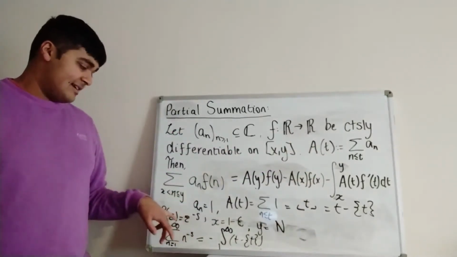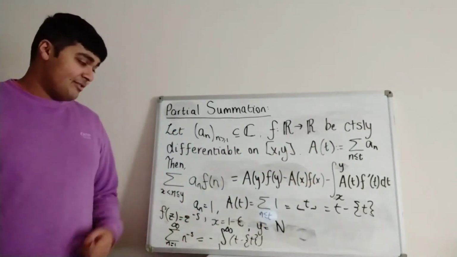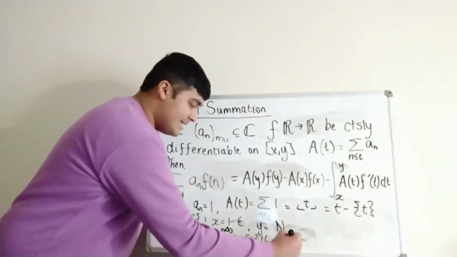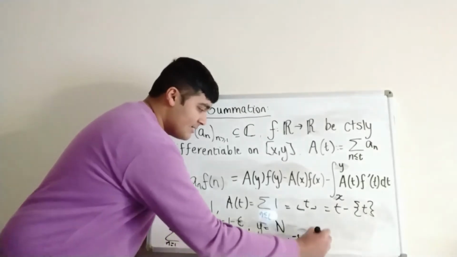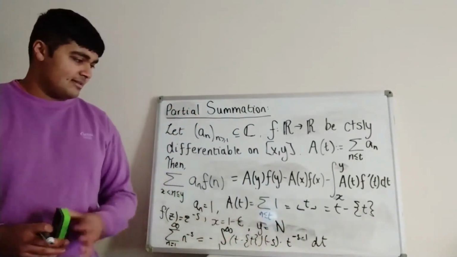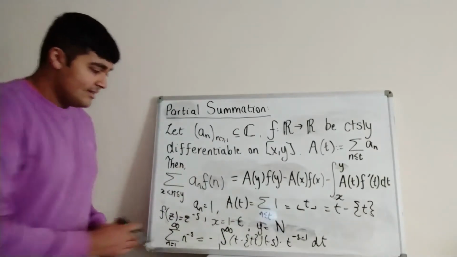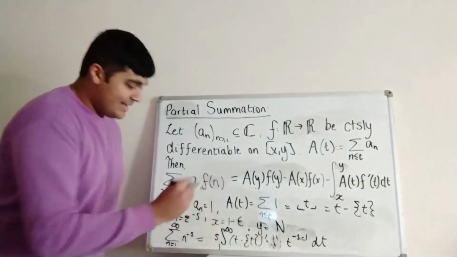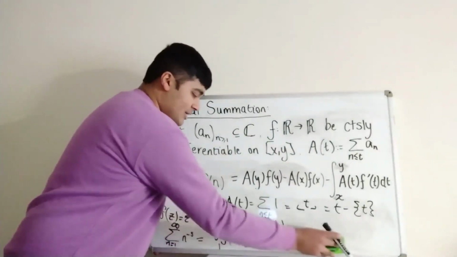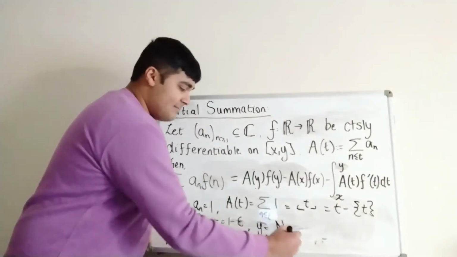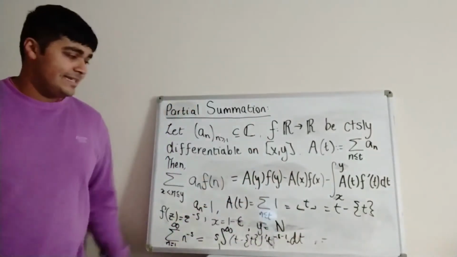But f is z to the minus s. If we differentiate that, we're going to get minus s times t to the minus s minus 1 dt. So I can bring this minus s out of the integral, because the integral is only dependent on t. And this minus sign will cancel nicely with the minus sign we've got here. So we've got s times the integral from 1 to infinity of t minus the fractional part of t times t to the minus s minus 1 dt, like so.